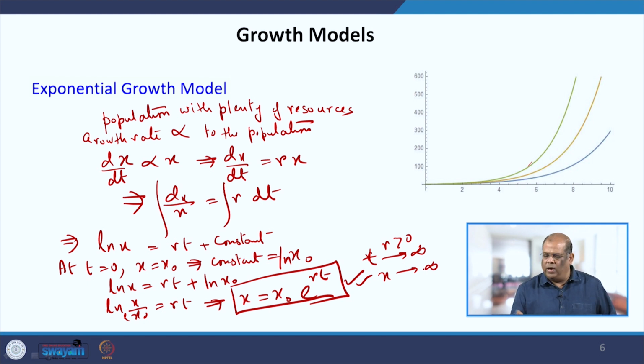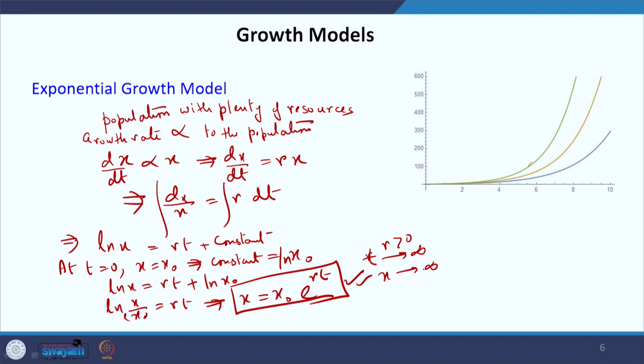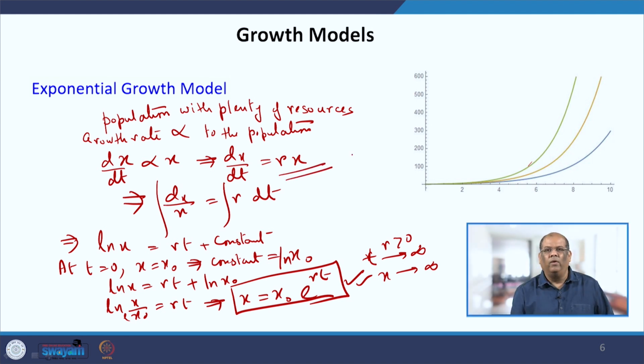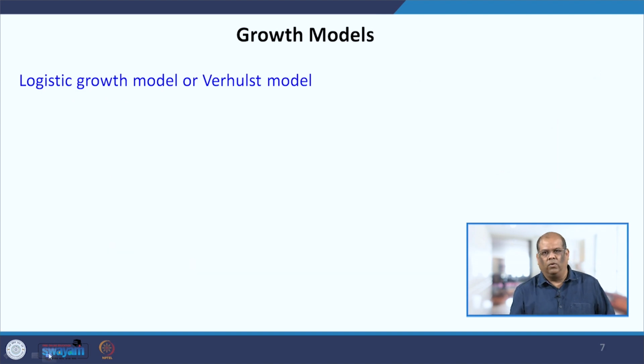But generally, we do not take this kind of assumption unless needed, because if the growth is unbounded and unlimited, it really does not capture the real life scenario. So, that is why there is something called the exponential growth model, and unless the model demands, we generally avoid it and move to the more realistic one, which is the logistic growth model.